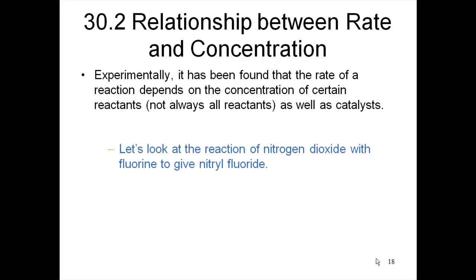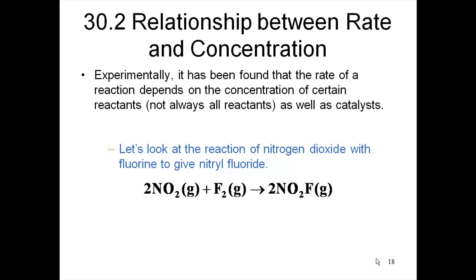Let's look at the reaction between nitrogen dioxide and fluorine to give us nitryl fluoride. You have two nitrogen dioxides plus one fluorine gives you two nitryl fluorides. Now, if I design an experiment, I can determine the effect that the change in concentration has on the reaction rate.